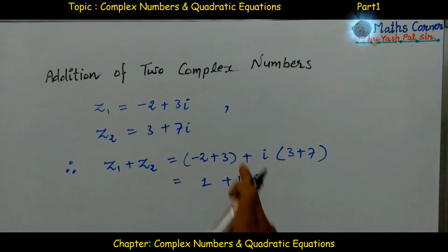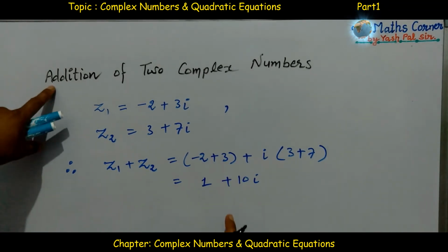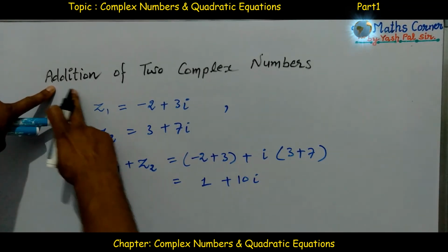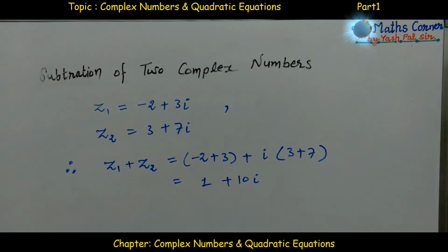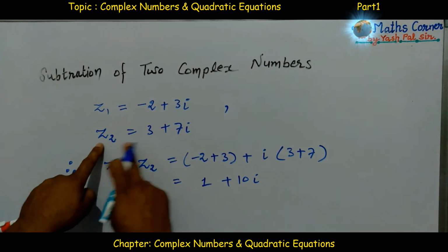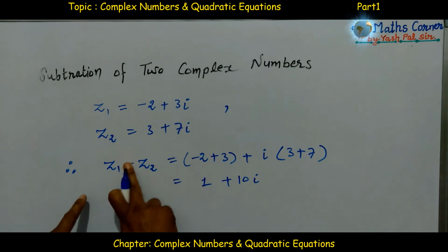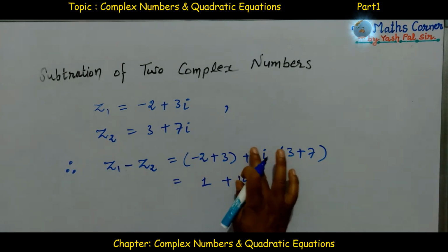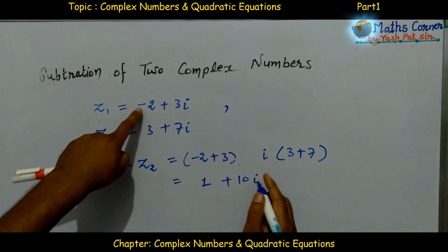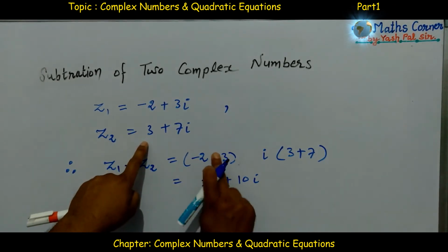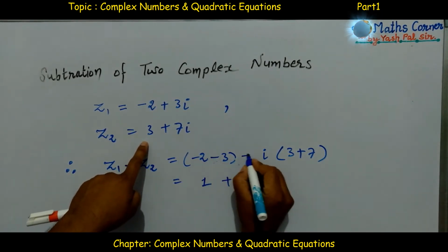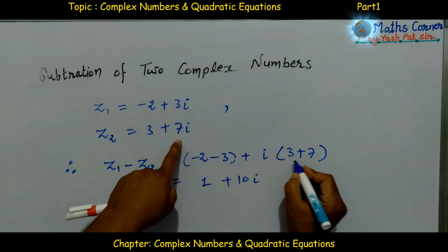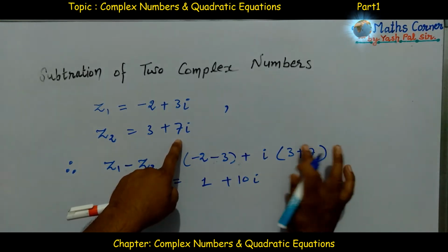With the same example we can see how to subtract. Subtraction of two complex numbers. Taking z1 and z2 the same, here in place of the plus sign we put minus. So here also, minus 2 minus 3, plus 3 iota, iota common, minus 7.